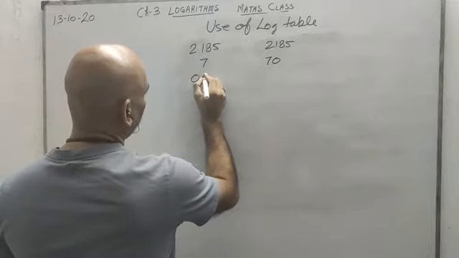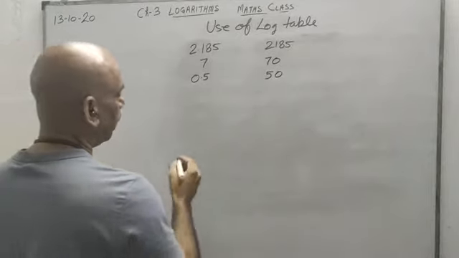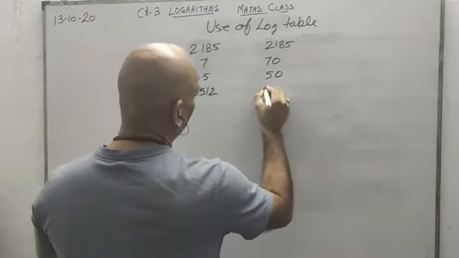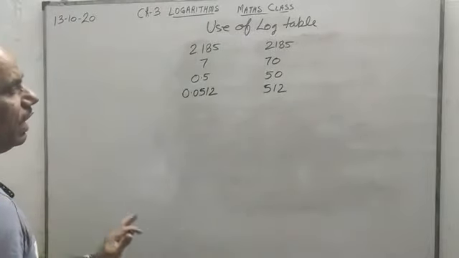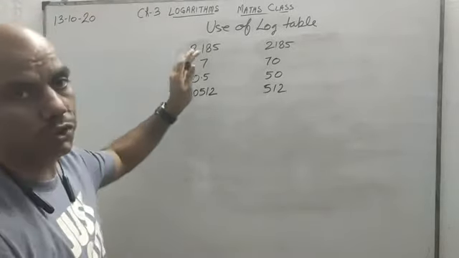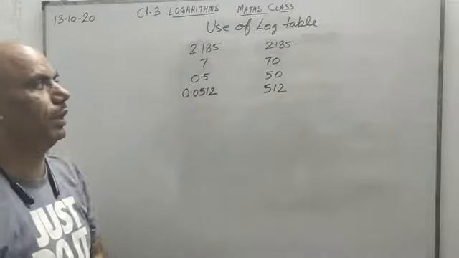If we have 0.5, once again we will look up the value of 50. If we have 0.0512, we will look up the value of 512. So the significant digits are like this. This way we will get our significant digits, and we will find the values of these from the table.